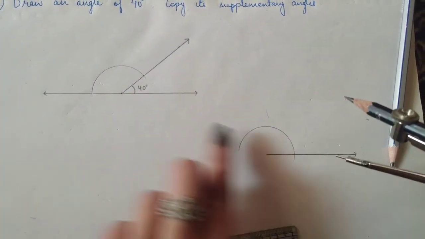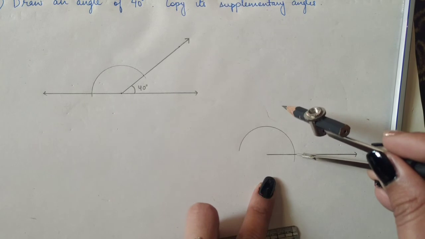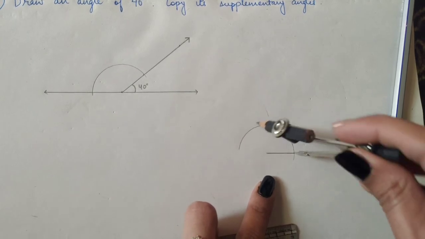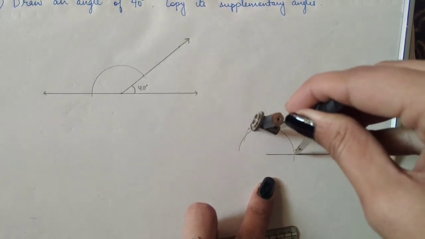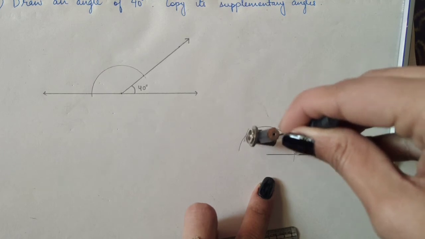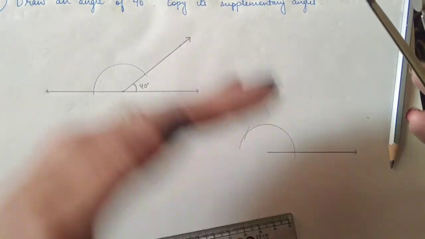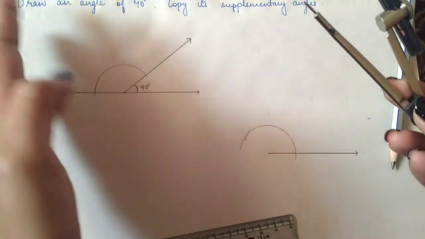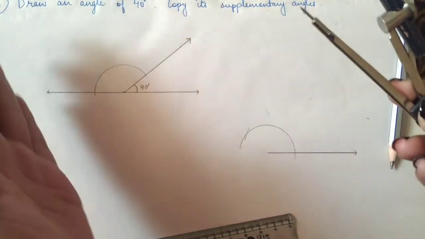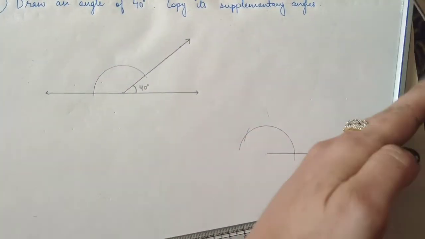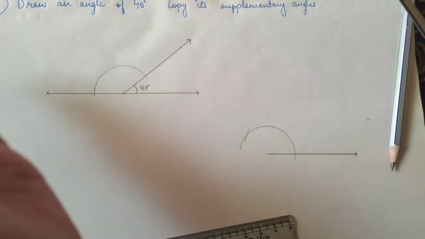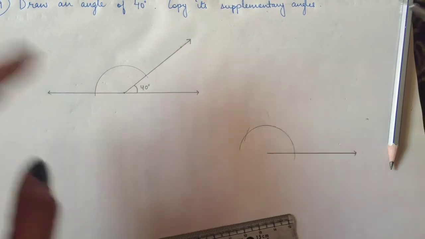This point and this point are common, right? So I'll put the pointer here and draw an arc here. Did you understand this? This angle is in a clockwise direction, and I'll be drawing its copy in the anti-clockwise direction. They are the same. Don't get confused.